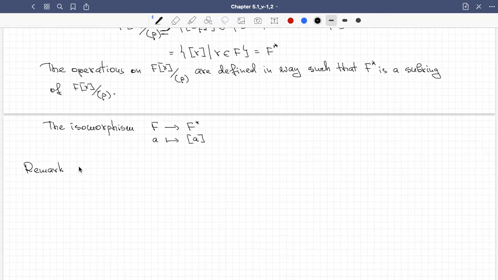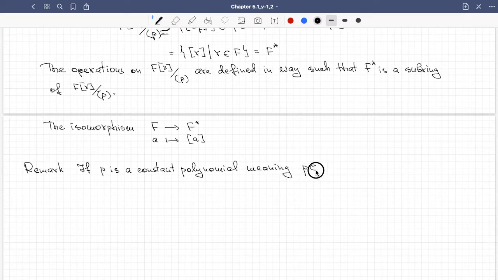If P is a constant polynomial, that means that P is an element of F, and assume that still P is not 0.